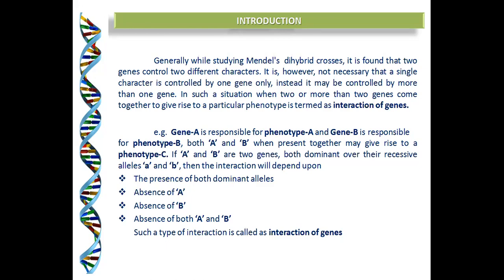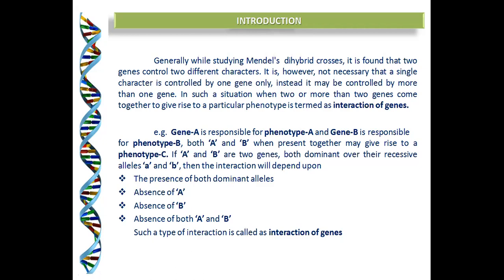It may not be the shape or the color, it will be a different character. So, suppose there is a gene A which is responsible for giving one character, that we will call phenotype A. B is responsible for giving phenotype B.